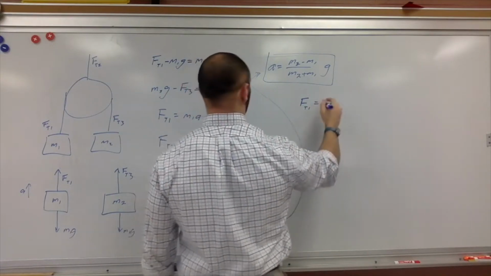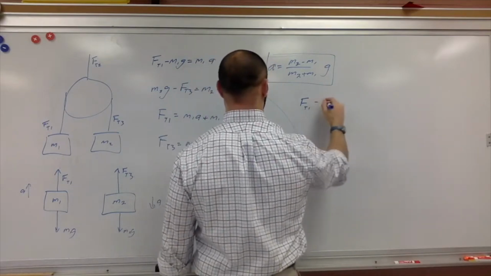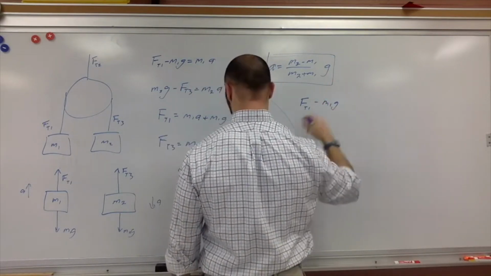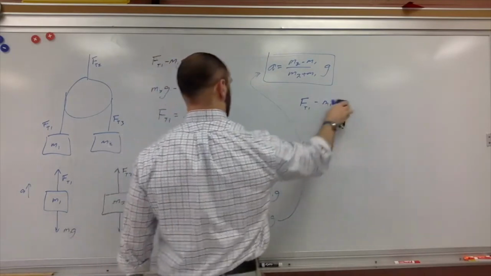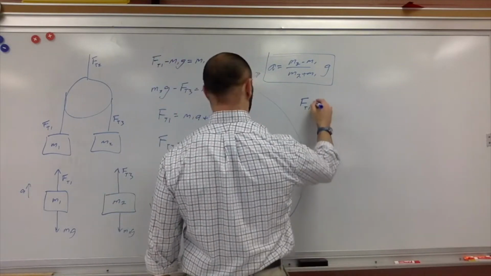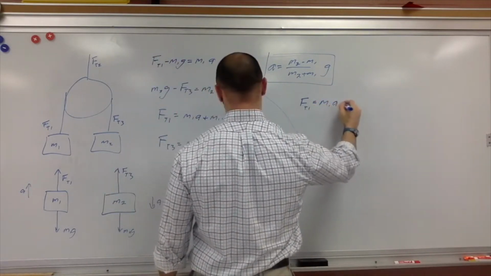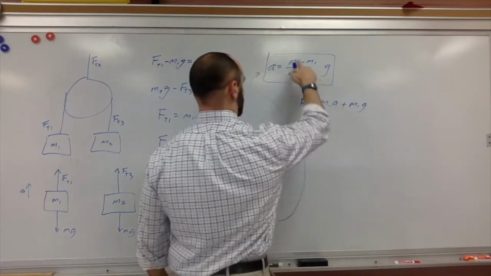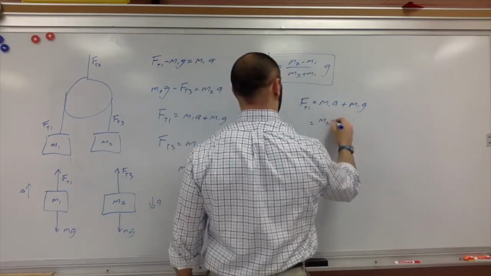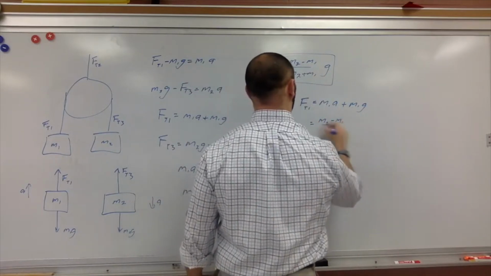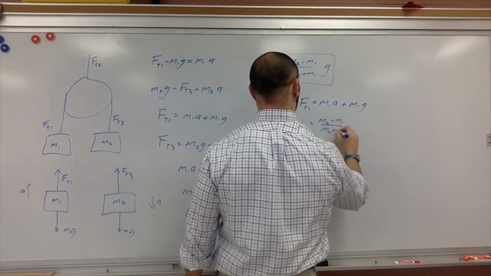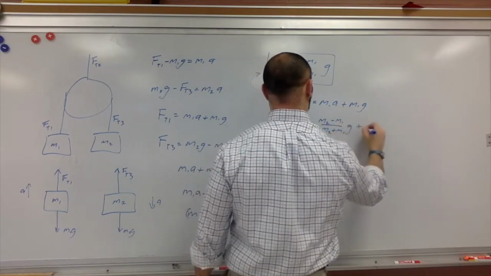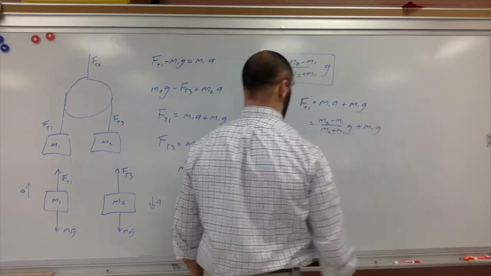So Ft1 equals, say, minus m1g. Or no, let's put it into this one. Better. Ft1 equals m1a plus m1g. So this a is now this thing, so it's m2 minus m1 over m2 plus m1 times g plus m1g.